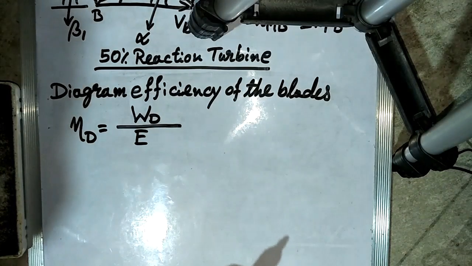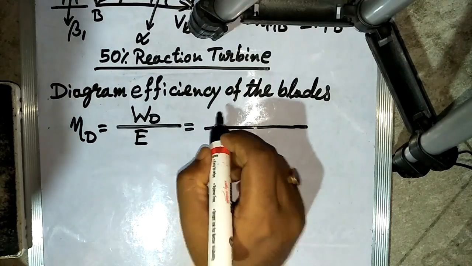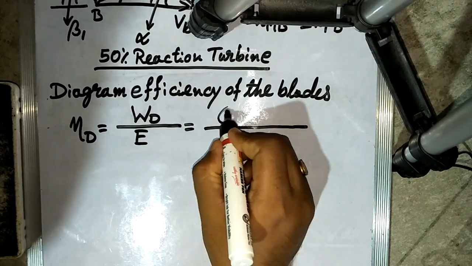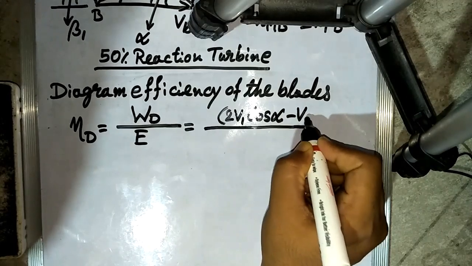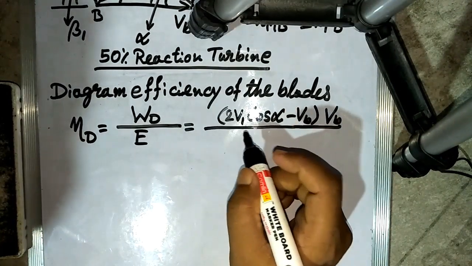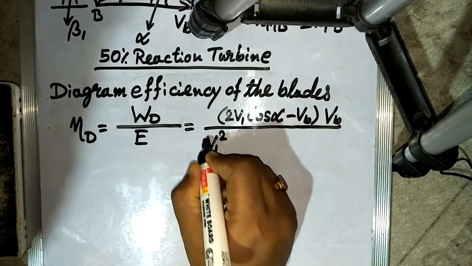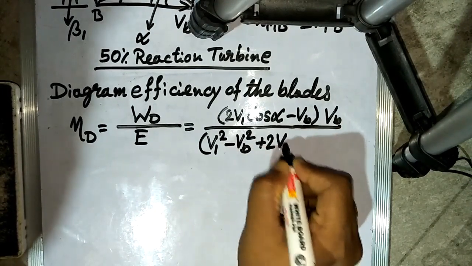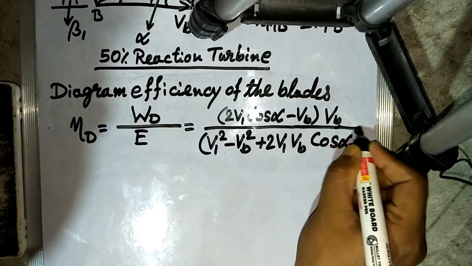By substituting the values of W d and E, the diagram work is (2 V1 cos alpha minus VB) into VB, and the value of E, the energy input, is (V1 square minus VB square plus 2 V1 VB cos alpha) by 2.